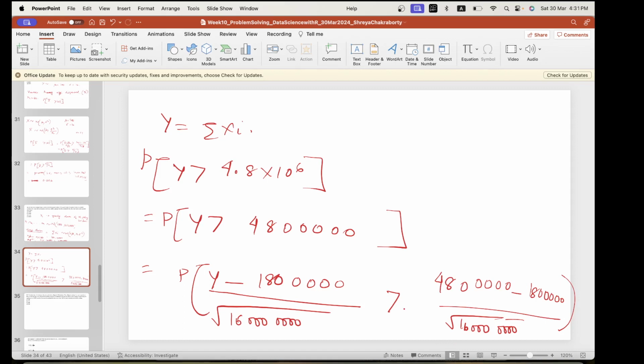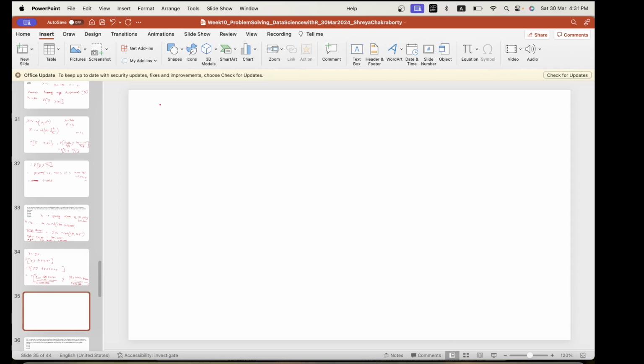So this will be probability Y greater than, this is n mu by root n sigma. Oh, okay, so this is one mistake that I did.